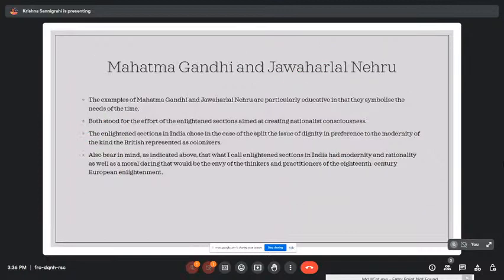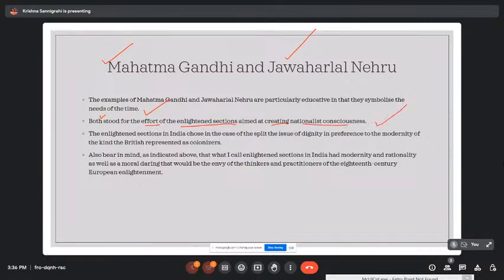And now we come to the discussion of Mahatma Gandhi and Jawaharlal Nehru as to how they contributed to this situation. So, Mahatma Gandhi and Jawaharlal Nehru are particularly educative in that they symbolize the needs of the time. Both Gandhi and Nehru stood for the effort of the enlightened sections aimed at creating nationalist consciousness.